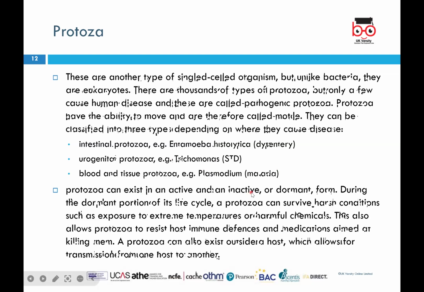Now make sure to understand the difference between a protozoa and a vector. We had talked about what a vector is. A vector is an organism that carries a disease agent. Can anyone tell me what the vector would be here?